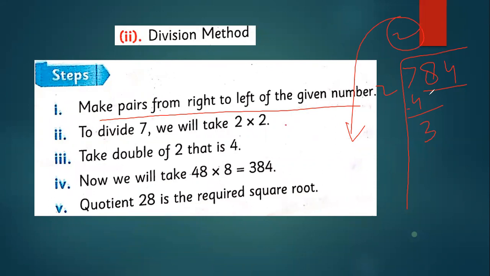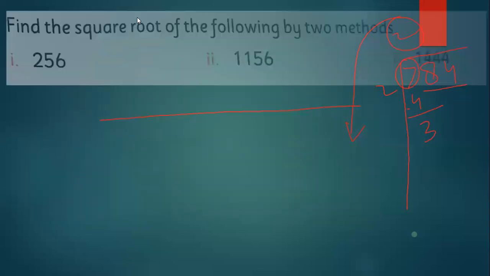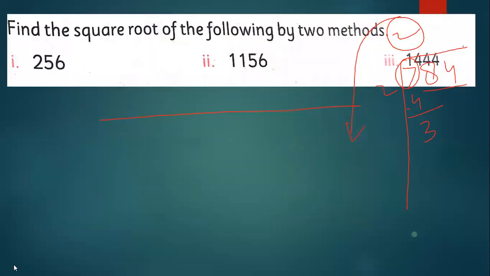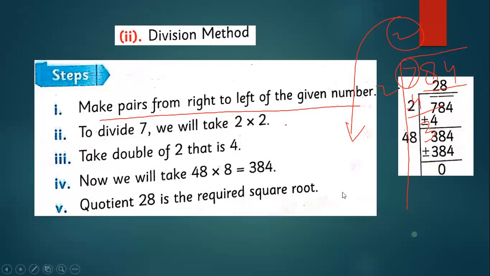Look, we have 7 here. So you have to try two twos, three threes, four fours, whichever is suitable. Two twos is suitable because two twos are 4. And if you take three threes, that is 9. Wait a minute.